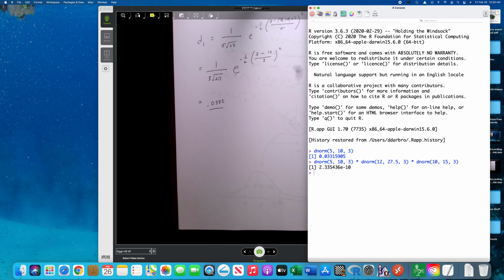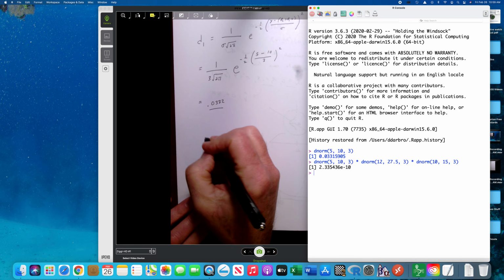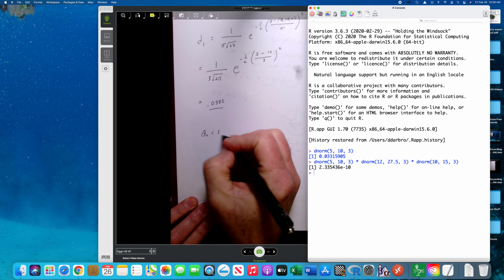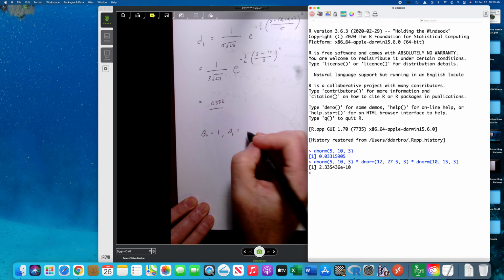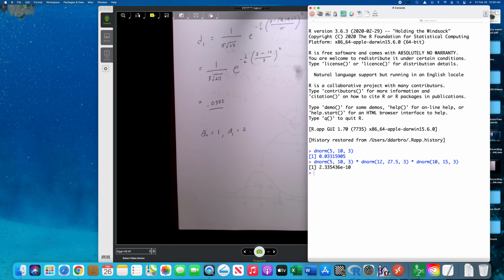So let's say we tried, instead of 0, beta 0 equal 1 and beta 1 equal 2, just to talk it through. Then we would come up with another likelihood, and we could compare them and really find out some stuff.